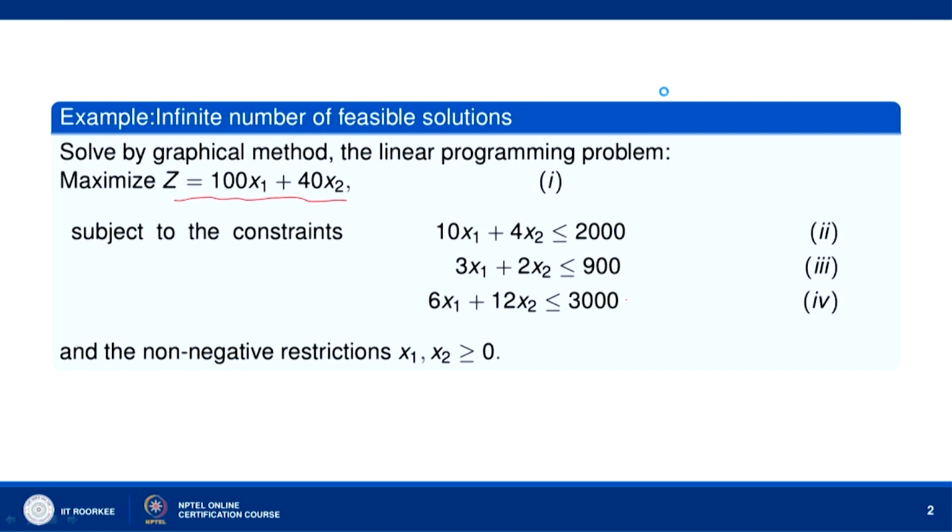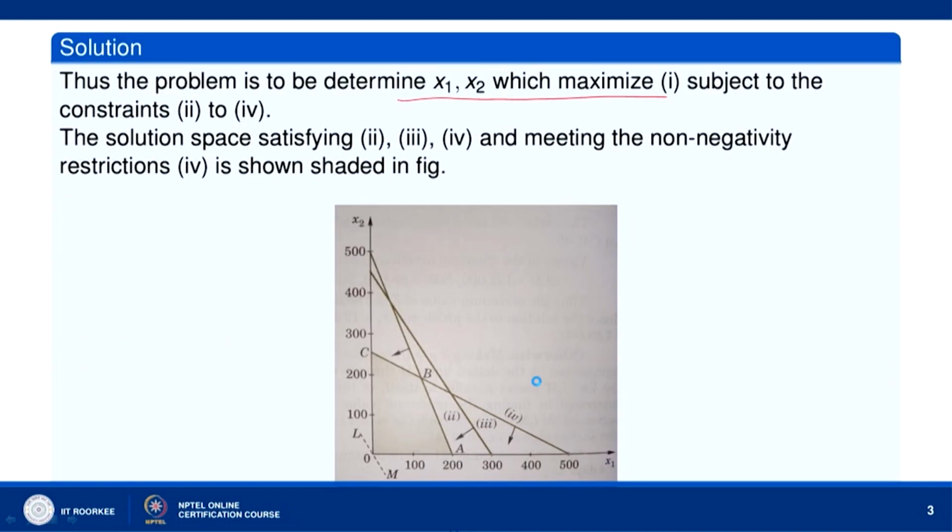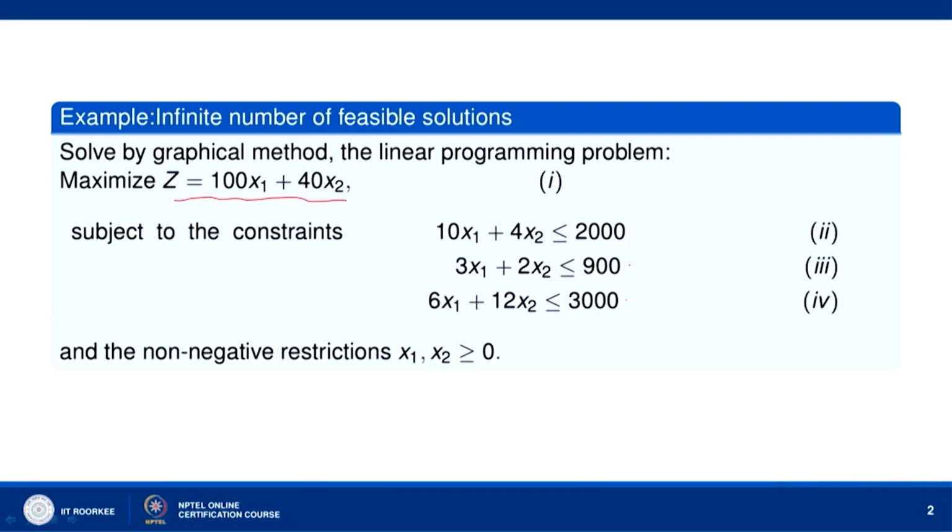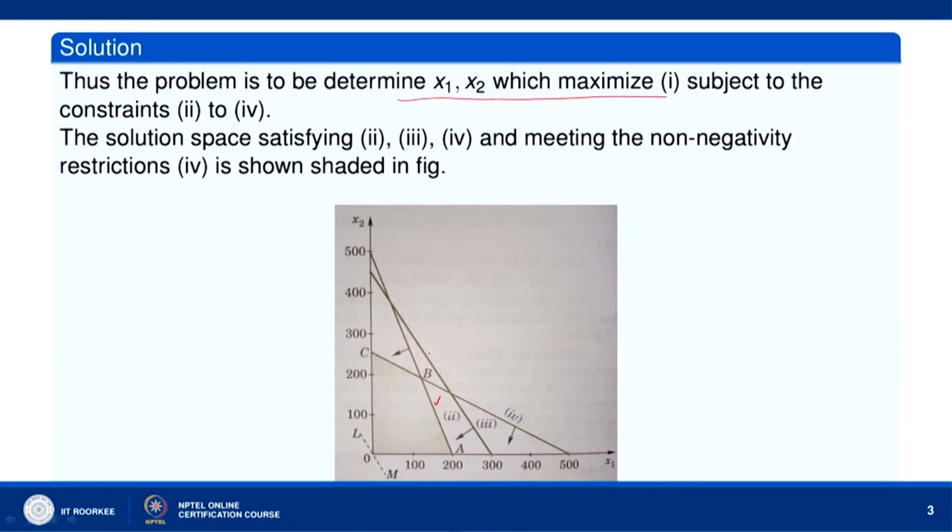So, let us draw the straight lines. Line 2 is 10 x 1 plus 4 x 2 equal to 2000.